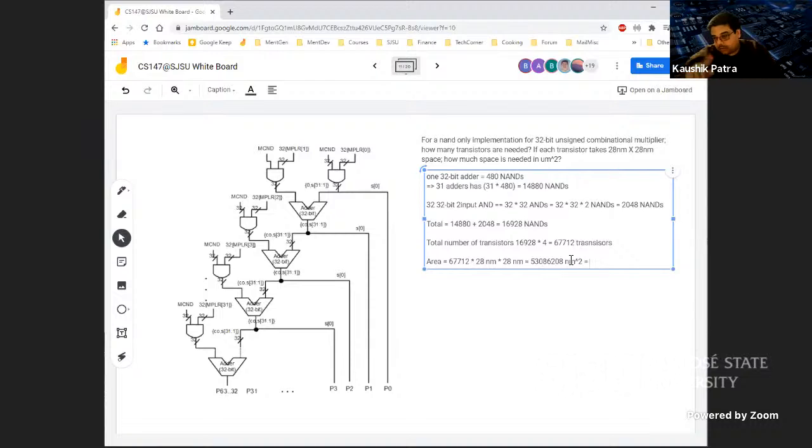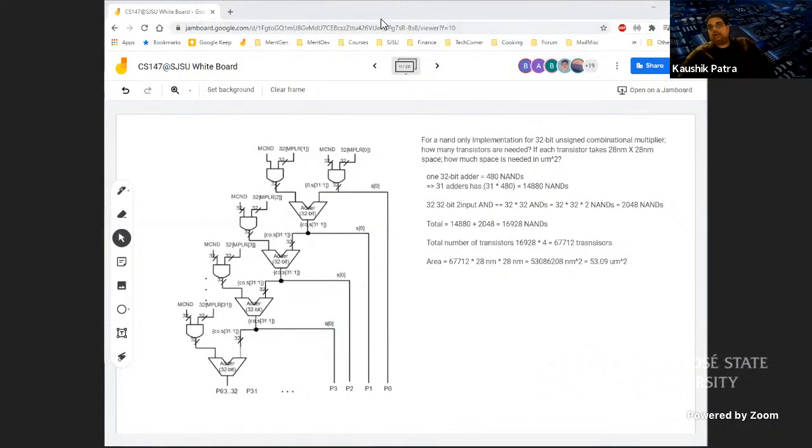To convert it into micrometer square, you divide it by 10 to the power 6. So it's approximately 53.09 micrometers square. That would become the footprint of this multiplier, which needs almost 53 micrometer square of space for a 32-bit combinational multiplier implementation.